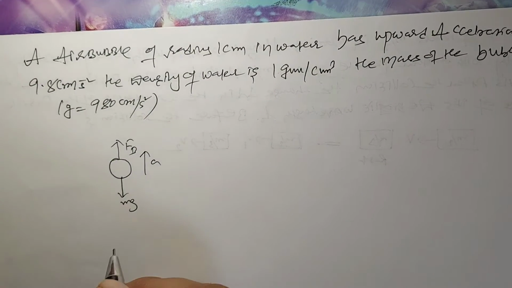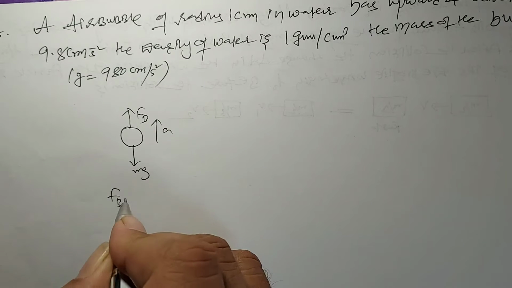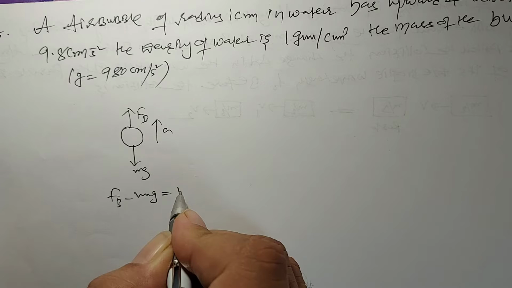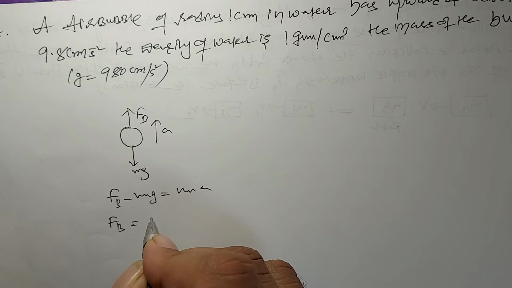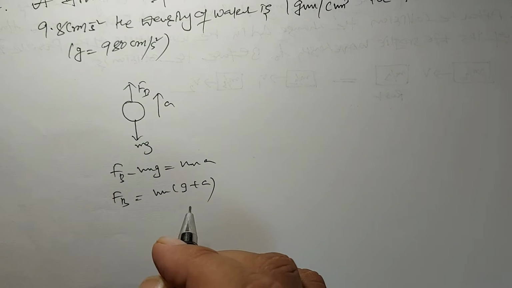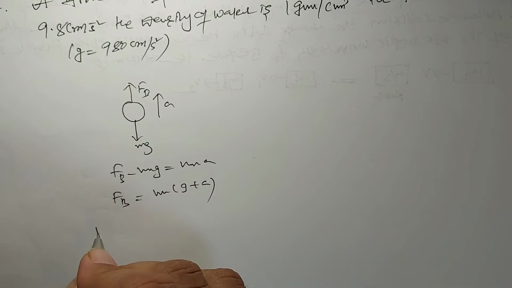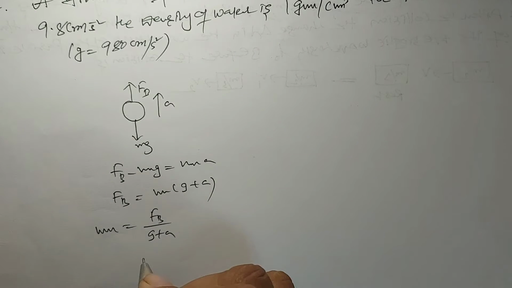So here we write the equation: F_B minus mg is equal to ma. The buoyancy force is equal to m into (g plus a). Now we want to find the mass of the air bubble. Mass of the air bubble is equal to the buoyancy force divided by (g plus a).